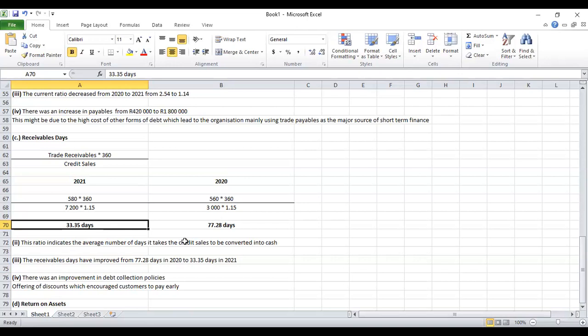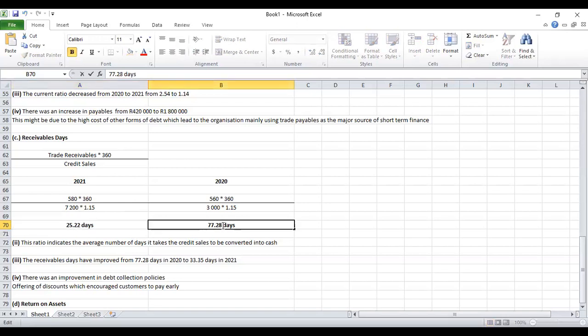Oh, so are you saying the 25.22 is the correct one? Yes, because I get that when I do what you did there, but I get the other answer if I do 580 times 360 divided by 7.2, and then multiply the answer by 1.15. No, that would be wrong, because 1.15 is only multiplying the 7.2 only.